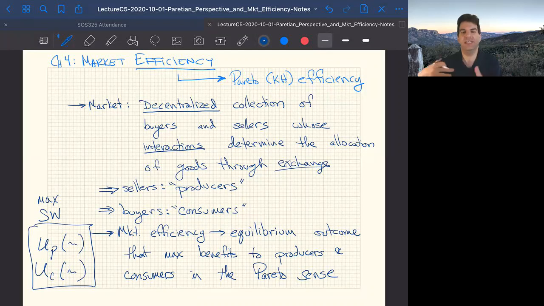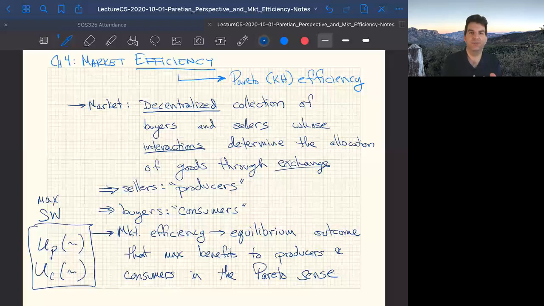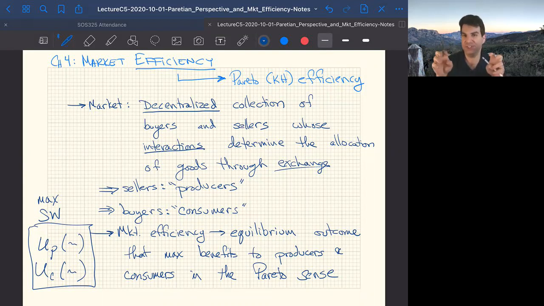So I am trying to allow them to interact in a way where, when things come to equilibrium at a particular price and a particular number of apples and cars and everything else that are sold, then when things settle out, if I look at the utility imparted to producers and utility imparted to consumers, there's not going to be a change that would make everyone better off in the Pareto or Kaldor-Hicks sense, that I'm going to actually be at an efficient equilibrium.